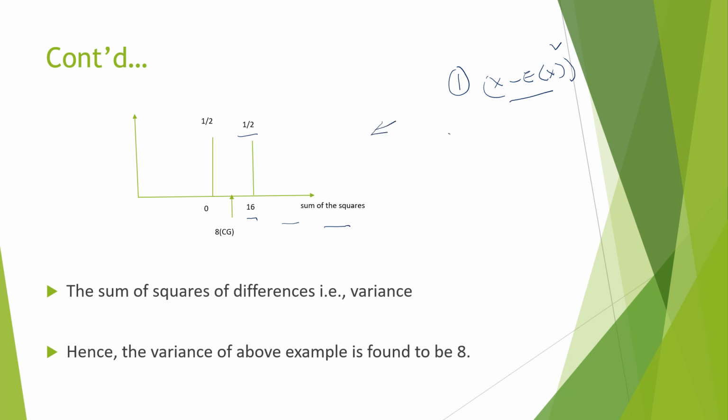In the second step, we have to find the mean of this value, and that gives us the variance. Now we find the mean of this diagram. We can readily use the center of gravity concept. For 0 and 16, the center of gravity lies here at 8. Therefore, the mean of this value is 8. So the variance of the above example is found to be 8.